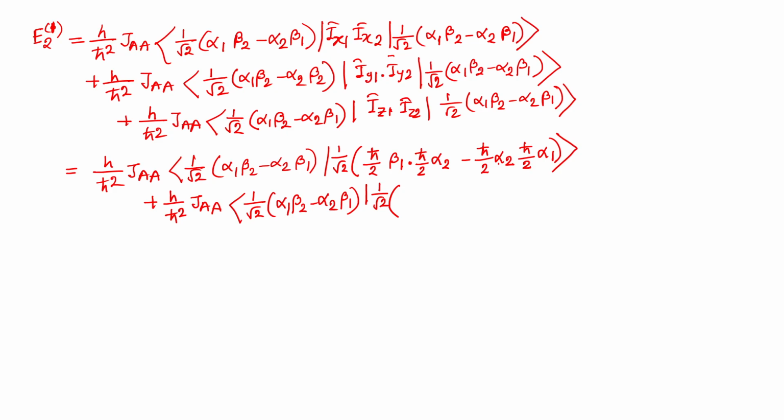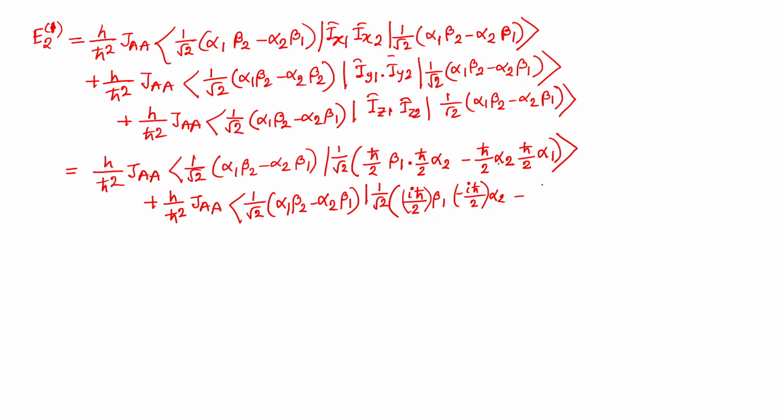I_y2 will work on beta 2 to give you minus iħ by 2 alpha 2. iħ by 2 beta 1 multiplied by minus iħ by 2 alpha 2.